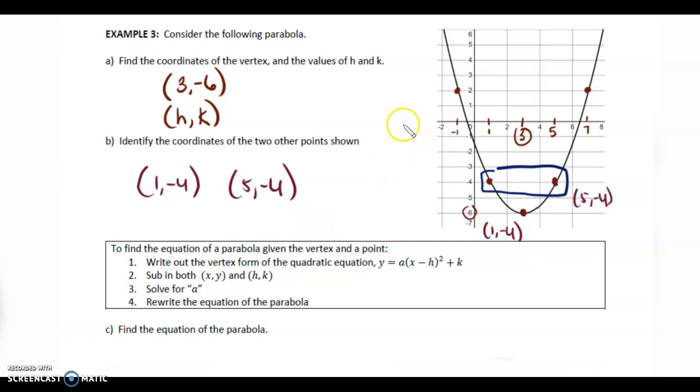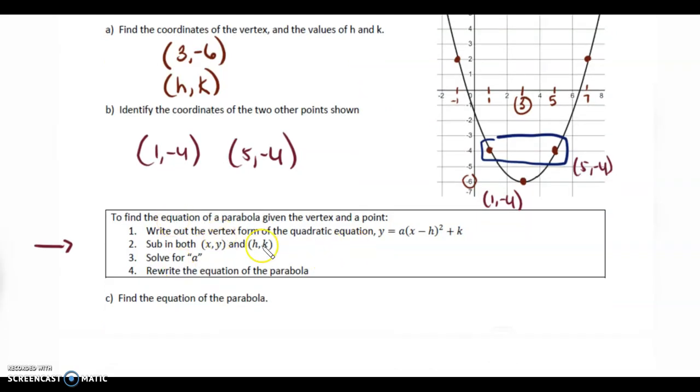Now, I'm going to ask you to find the equation of the parabola. So I put the steps to find the equation right here. So if I give you a graph and you know the vertex and two other points, even one other point, okay, you can find the equation of the parabola. So what you always want to do is, step 1, you want to write out y equals a(x minus h) squared plus k.